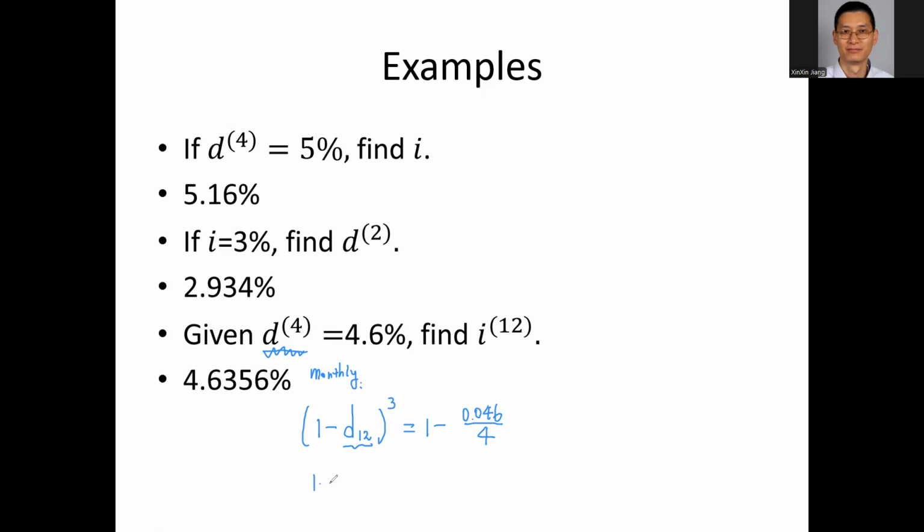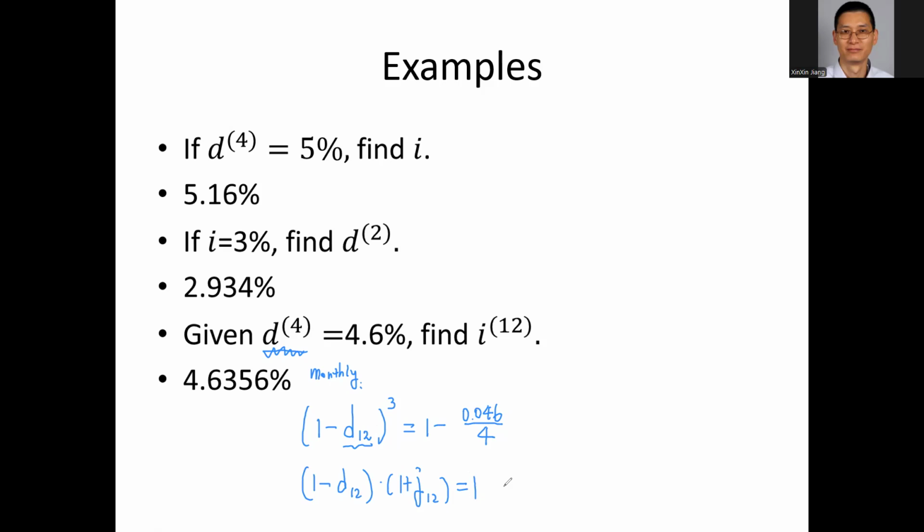And then you use this relation times 1 plus J12, that's the monthly effective interest rate.